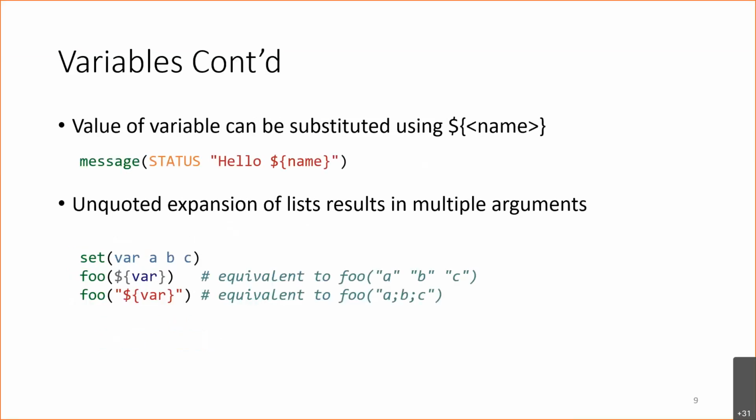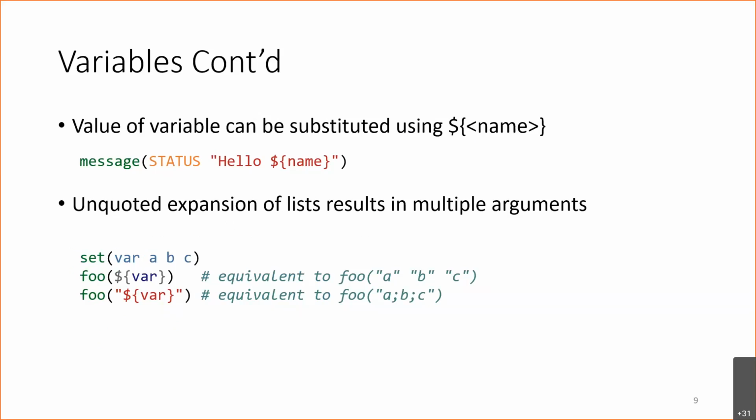Variables can be substituted by using the dollar curly brace syntax here. So, your standard hello world type deal substitutes the value of the name variable in there. It's important to note that expanding a variable outside of quotes, as an argument, will result in expansion into multiple arguments if the variable was a list.